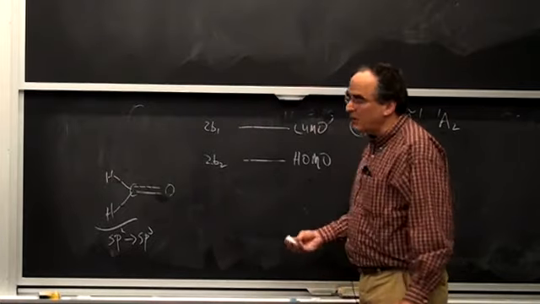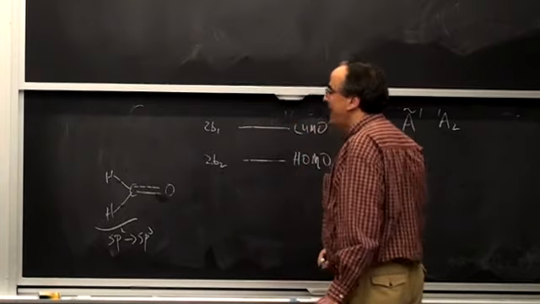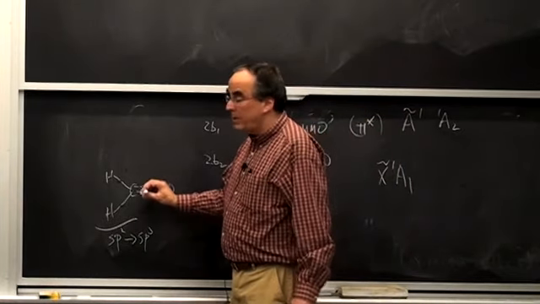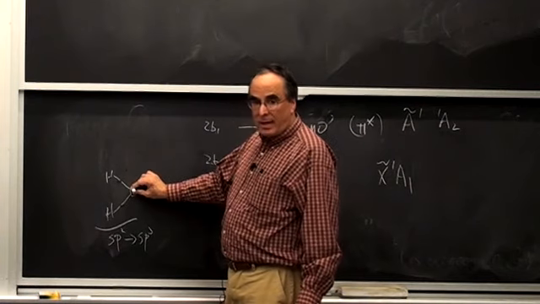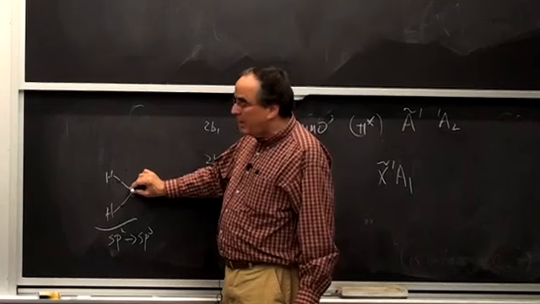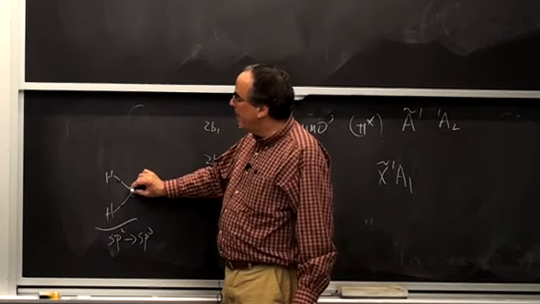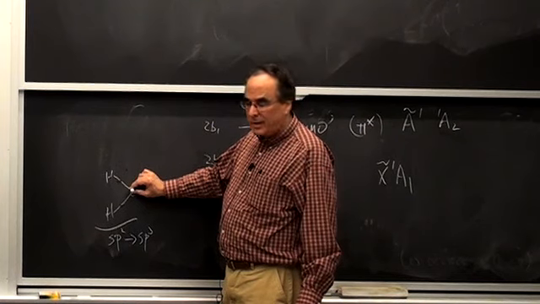Or you can use Walsh type ideas, and you can say, we have an antibond, the antibonding orbital on carbon, and we'd like to get the hydrogen atoms involved with it.